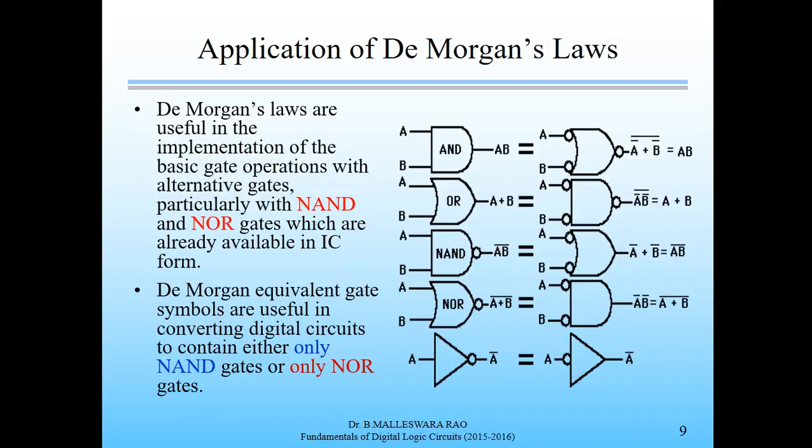So here an AND gate is shown to be equivalent to an inverted input NOR gate, and an OR gate is equivalent to an inverted input NAND gate, and a NAND gate is equivalent to an input inverted OR gate, and a NOR gate is equivalent to an input inverted AND gate, and finally the NOT gate is equivalent to an input inverted buffer.